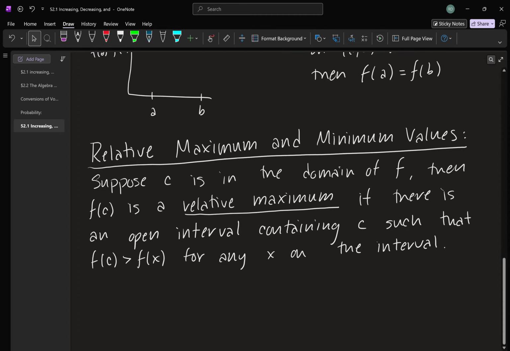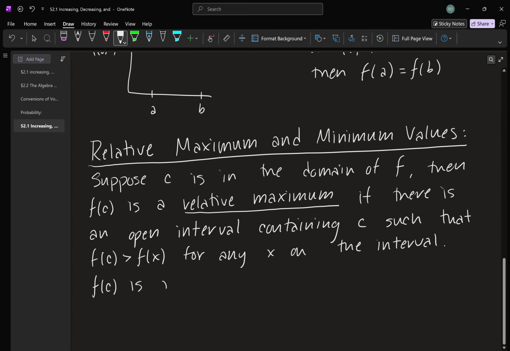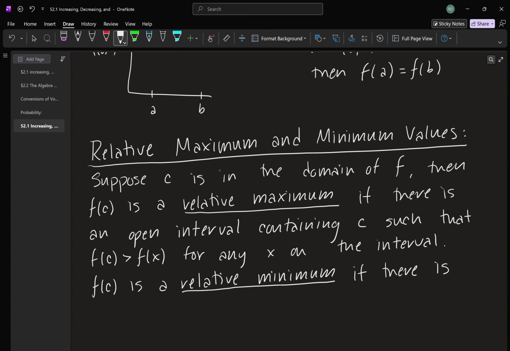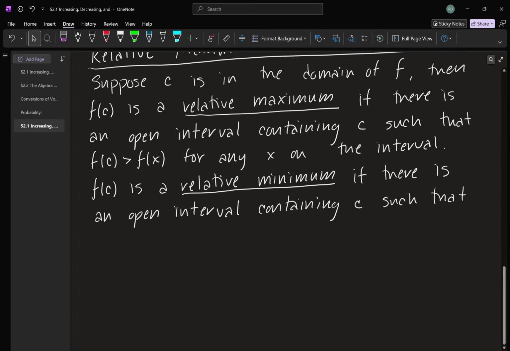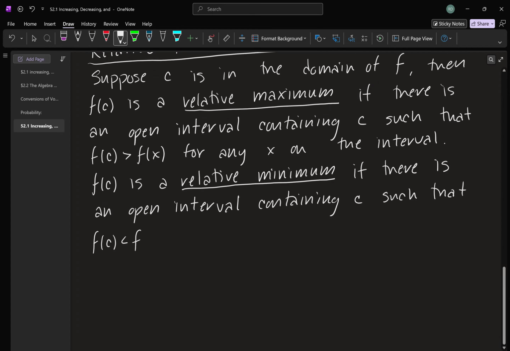f of C is a relative minimum if there is an open interval containing C such that f of C is less than f of x for any x on the interval.